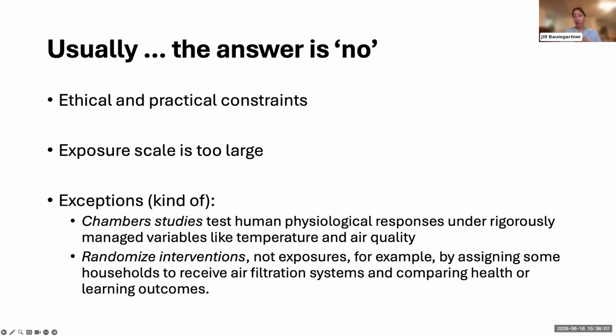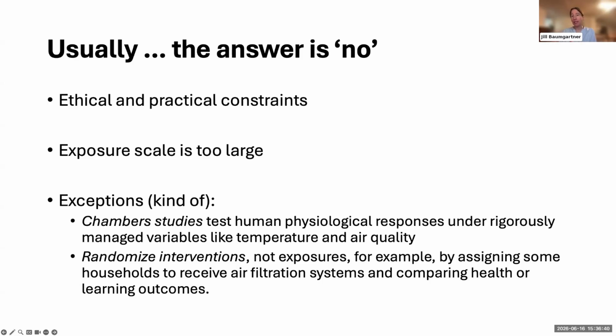You can imagine, one of the outcomes that we study a lot in air pollution epidemiology is understanding how exposure to air pollution impacts pregnancy and birth outcomes. And ethically, you would never be able to expose a really vulnerable group, like pregnant people or children, to air pollution as part of an experimental design, right? That would not be ethical.